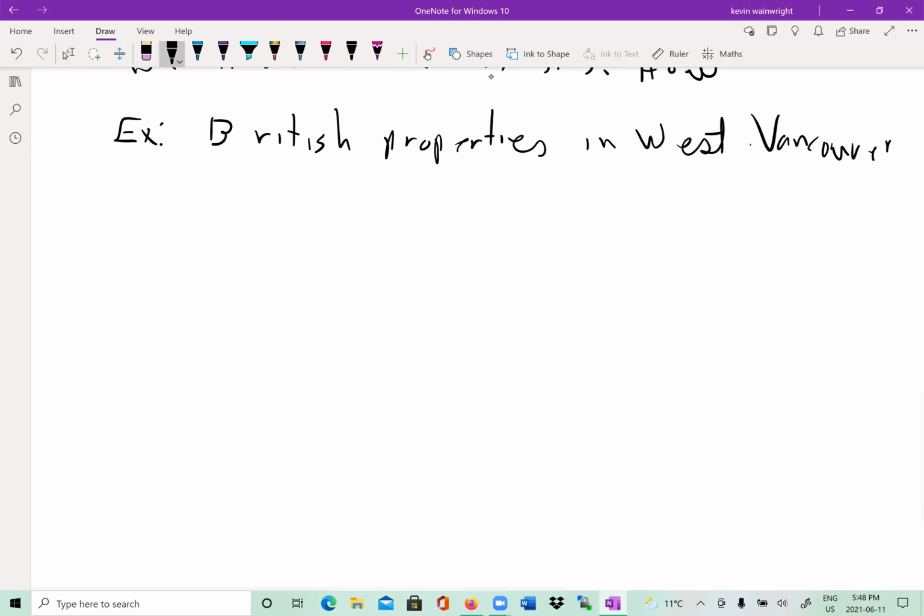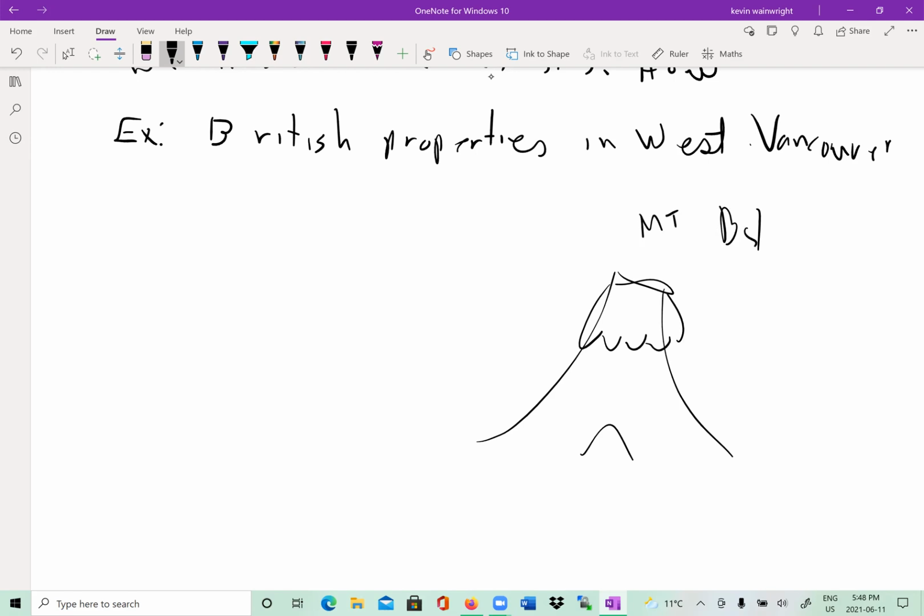And the way it works, so we have Mount Baker to the south. In West Van, we have the property coming down to the ocean. Okay.